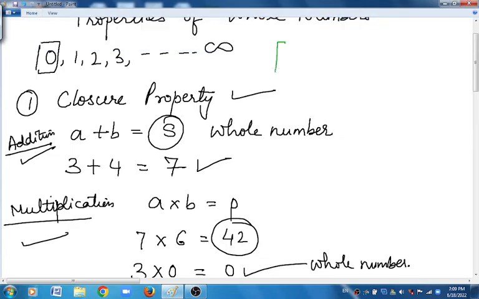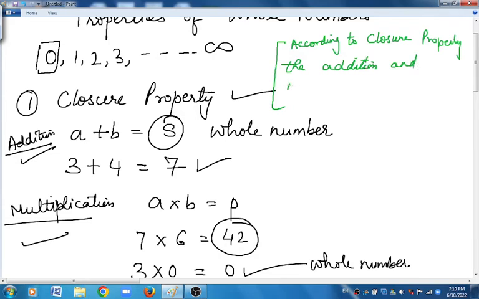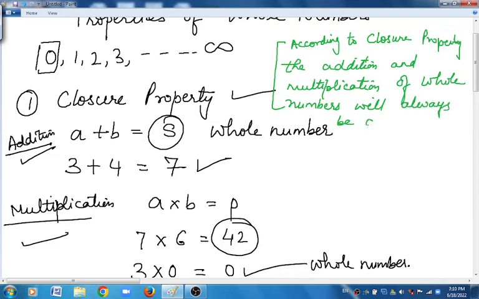So according to closure property, the addition and multiplication of whole numbers will always be a whole number.